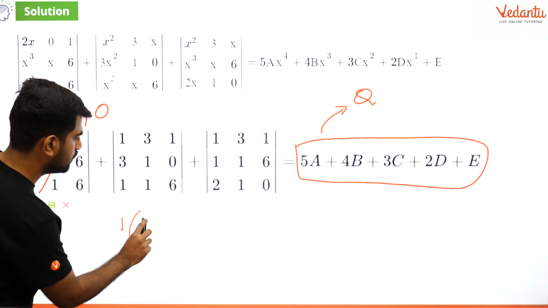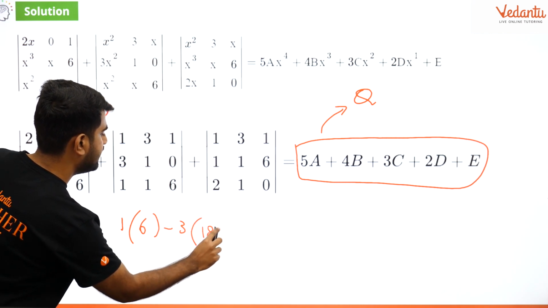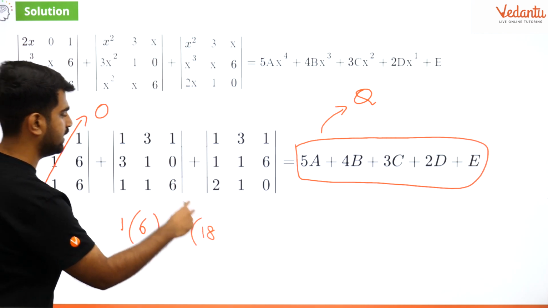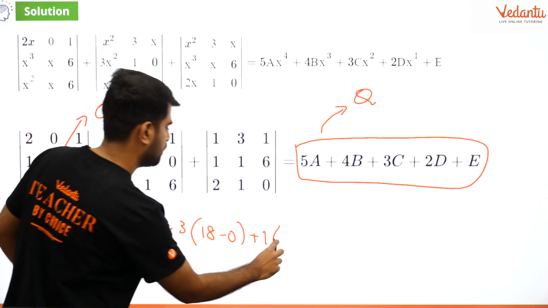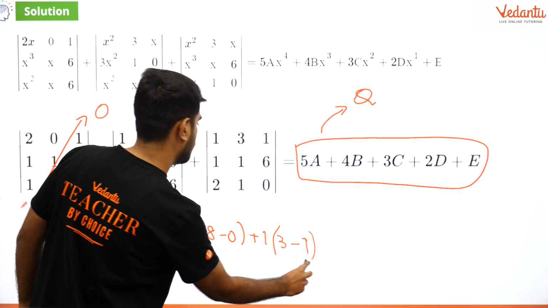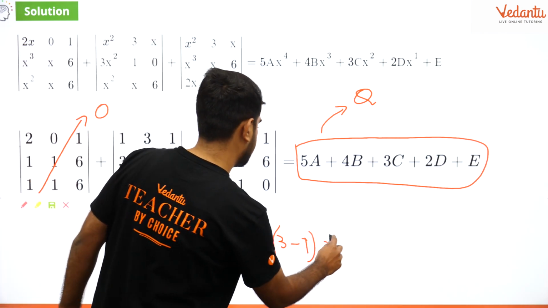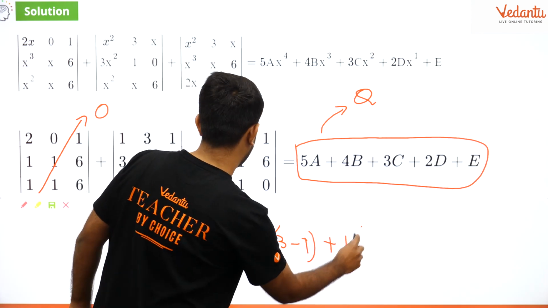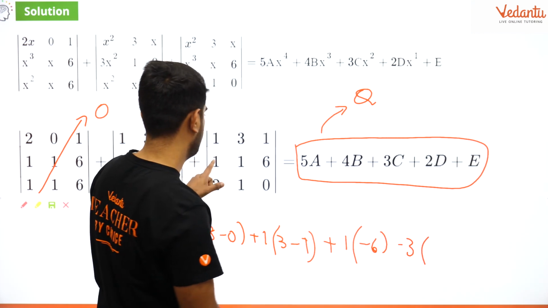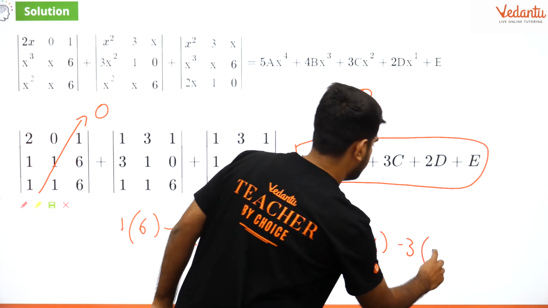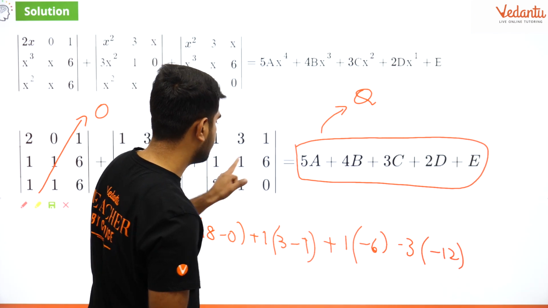It is going to be 1 into 6 minus 3 into 18 minus 0 plus 1 into 3 minus 2. 3 minus 1, I'm sorry. And then I will expand this determinant as well. That is going to be 1 into 0 minus 6 minus 3 into 0 minus 12, and then plus 1 into 1 minus 2.